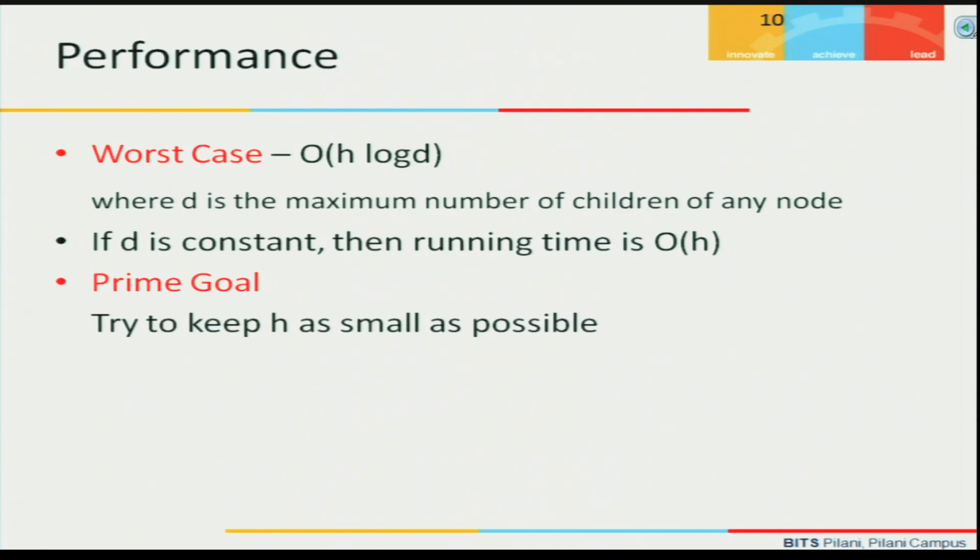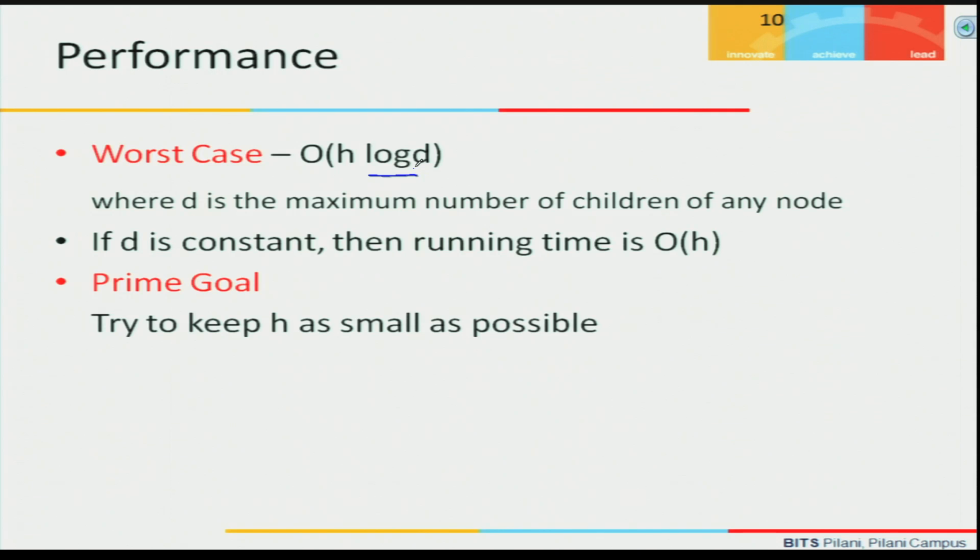So, this is what we get, log D here, where D is the maximum number of children of any node, or in other way it is the maximum number of keys that you can have in a given node. Simple to observe that if D is constant, then your running time is proportional to height of the tree.